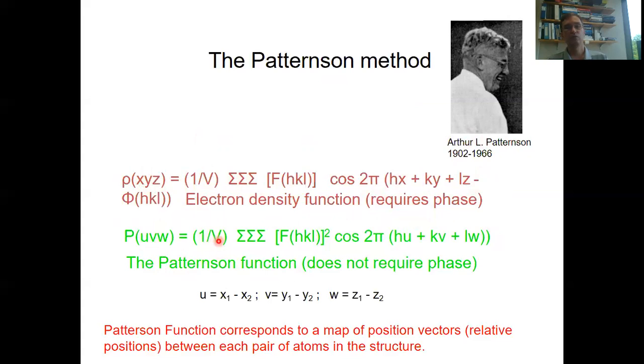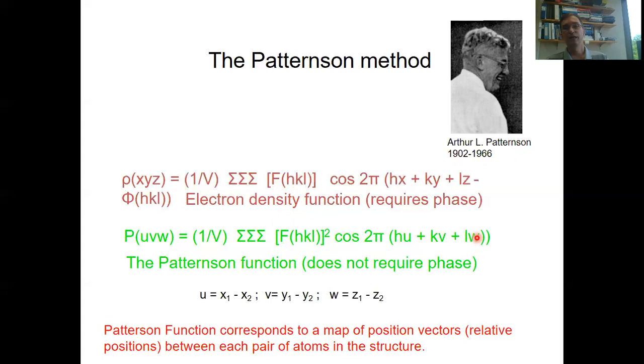It's also 1 over V times the structure factor, whereby now we have to look at the square of the structure factor, which we can directly correlate to the intensity of our diffracted X-rays, times the cosine of 2 pi times (hU + kV + lW).